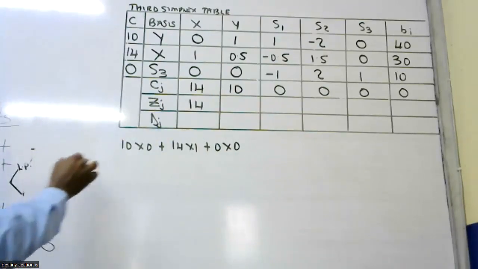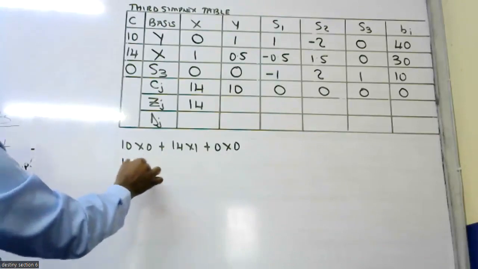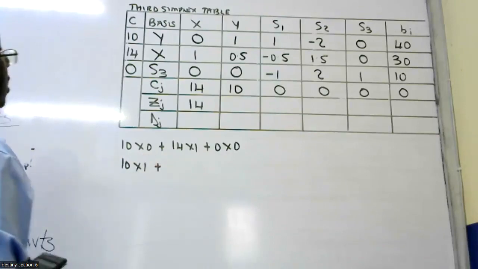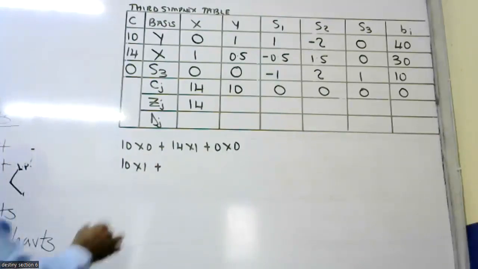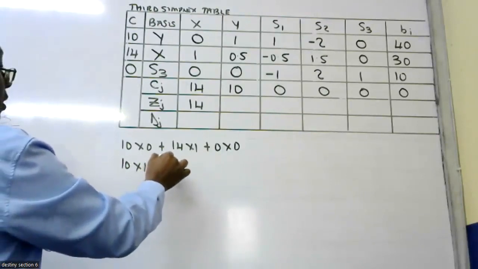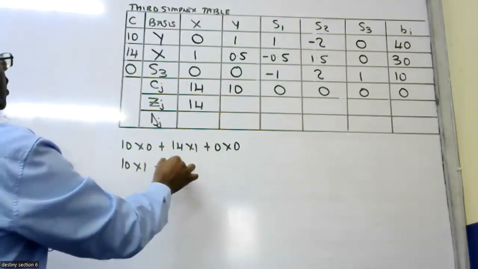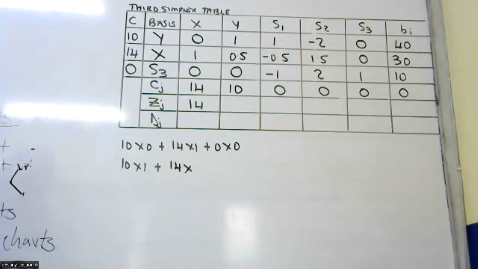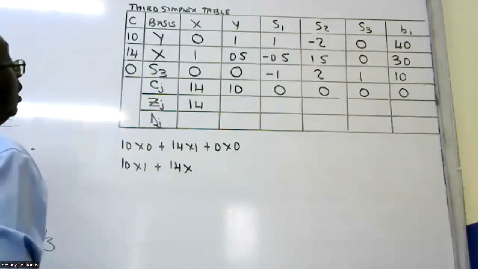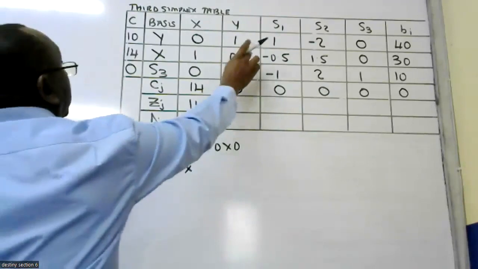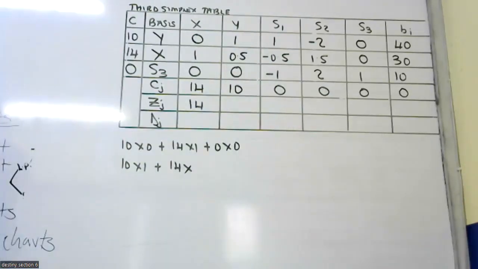Haya, then hii ingine itakuwa 10 times 1 plus 14 times... hii niweka vizuri kweli? What is supposed to be 0? Ilifaa kuwa 0.5.